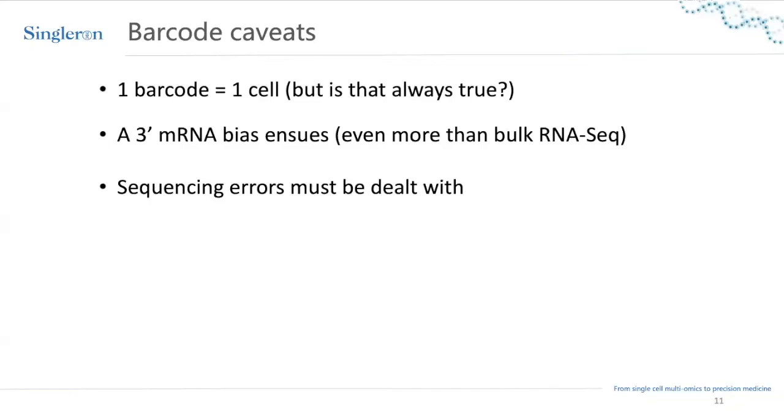Sequencers are, of course, not error-free. They're also going to introduce their own errors. And those are things you have to take into account when you are dealing with your barcodes.